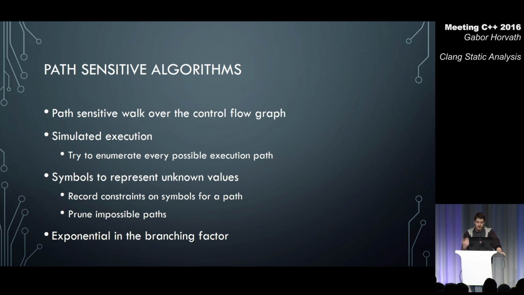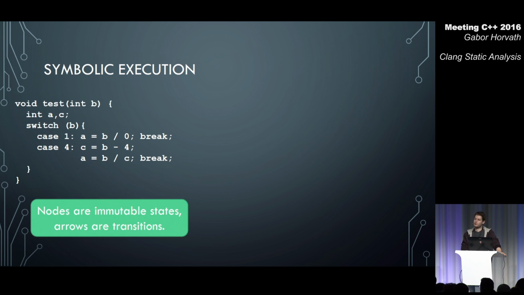The execution time of this algorithm is exponential in the branching factor, but using some clever techniques, it might be feasible to use this on real-world code bases. So let's look at an example of how this symbolic execution works.